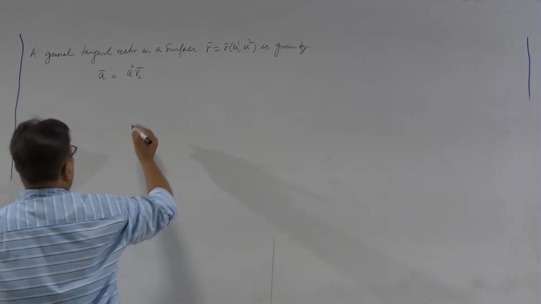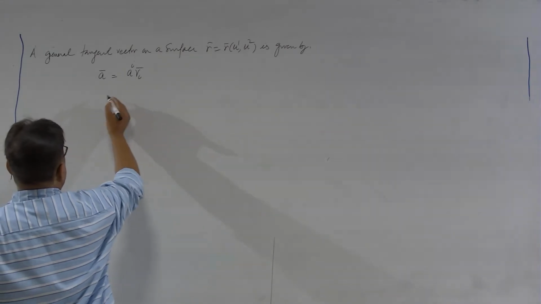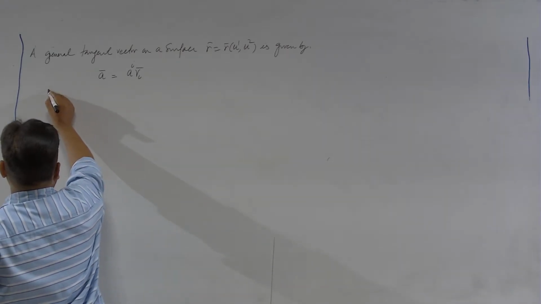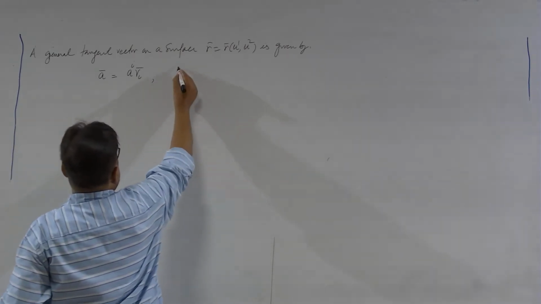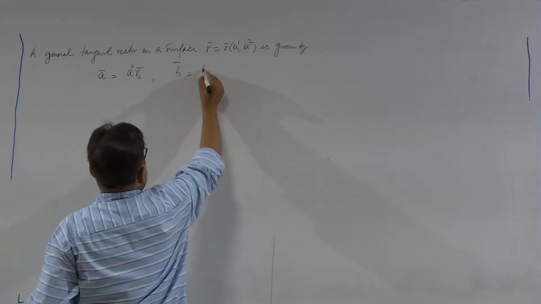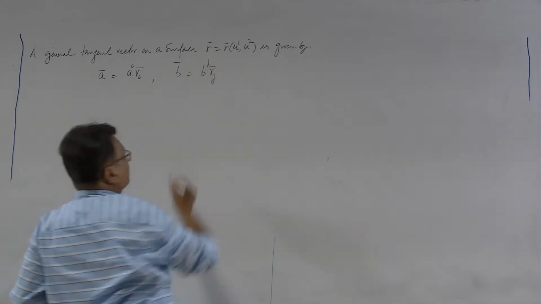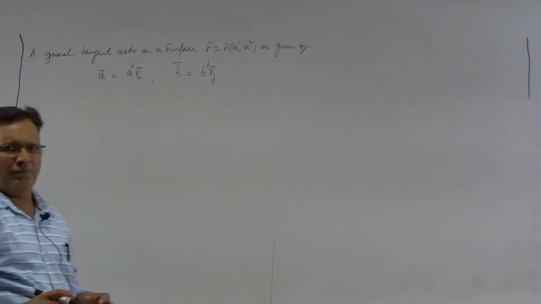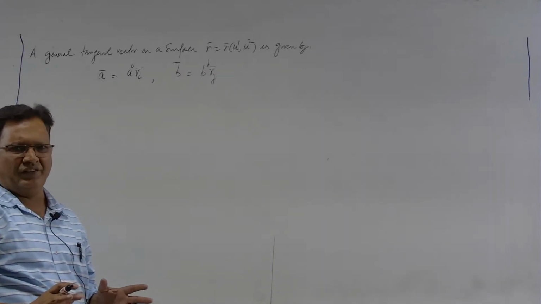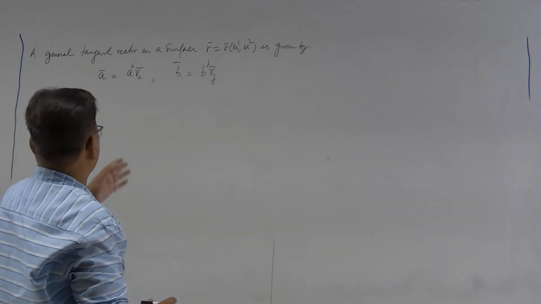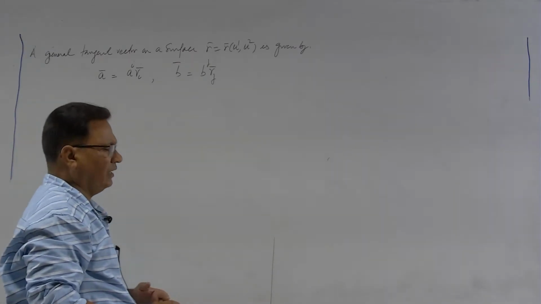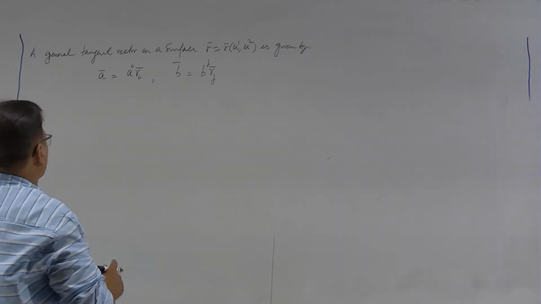And if I pick any two tangent vectors, suppose B is another tangent vector, then it will be some component b j into r j. I am using the Einstein summation convention all the time, so summation over i and summation over j are not mentioned, they are understood.